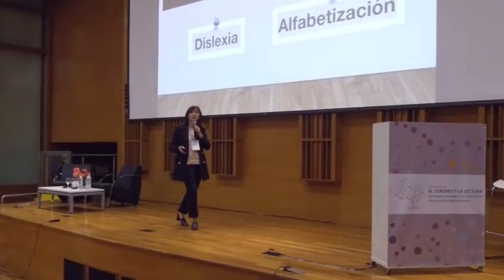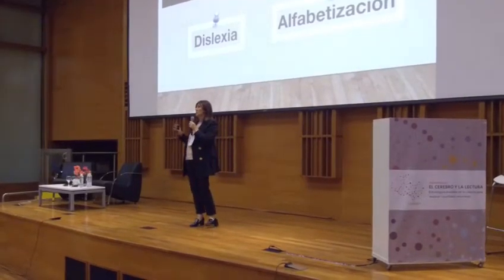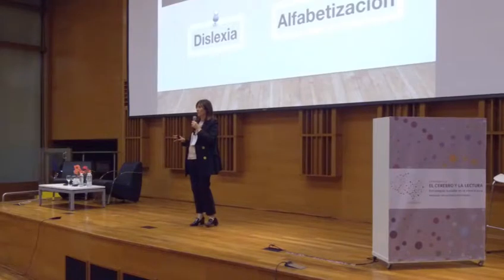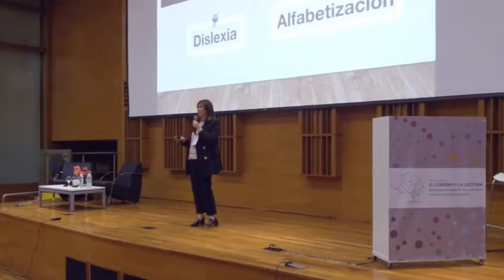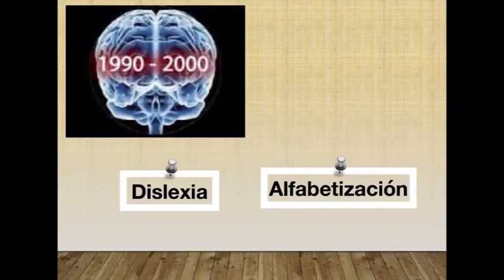We may think that a country like ours, it may be 10% of the population, but beware. Let's not confuse dyslexia with educational system problems. And we have to be very careful because our educational system is a great problem when we talk about reading. And the other pillar is literacy.